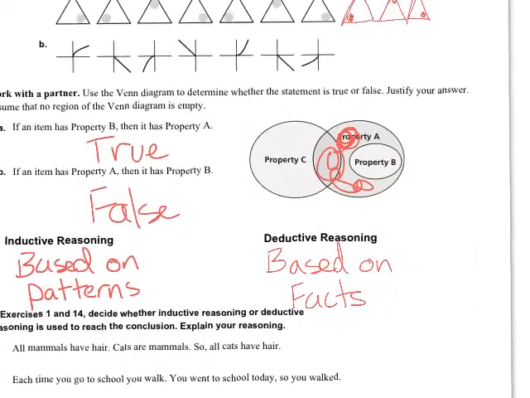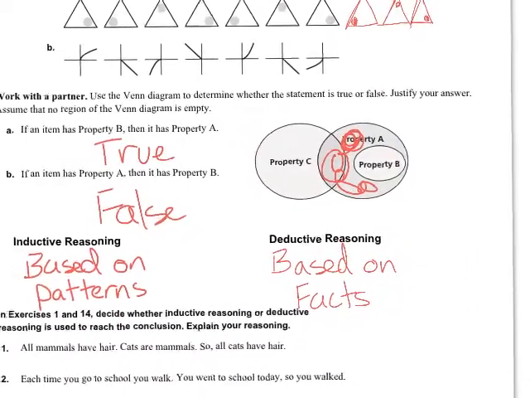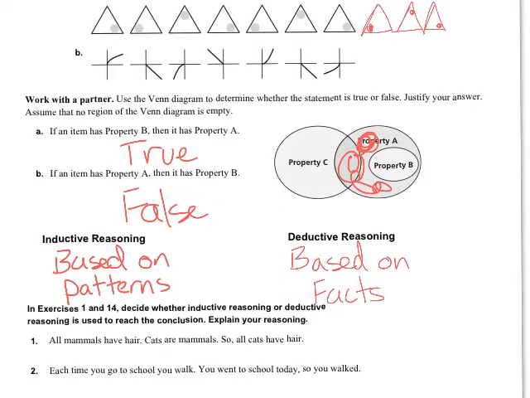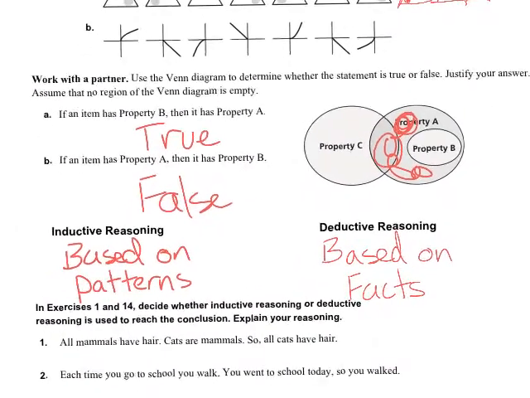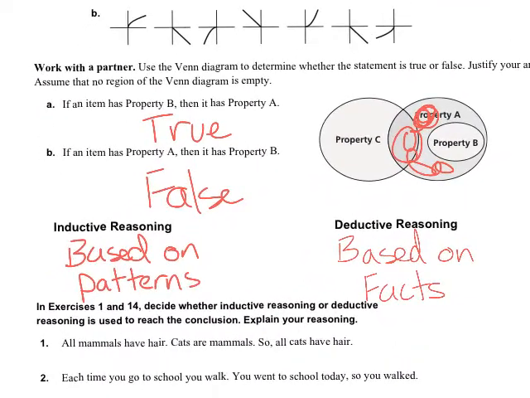Yes, sir. Wouldn't the pattern also be a fact? So let's think about that. If a pattern, in fact, did turn out to be a fact, then that would be deductive reasoning. Generally, when we say patterns, it's more like a trend.